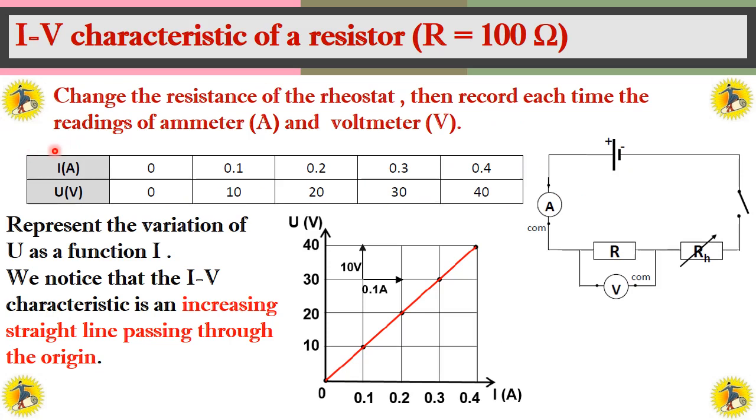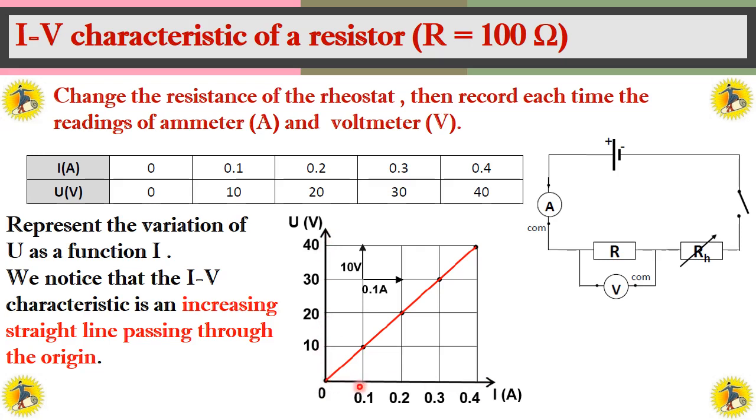Okay. Consider the following table. Here we have the values of current and here we have the values of voltage. If we convert this table into a graph, we place the values of current on the horizontal axis and the voltage on the vertical axis.